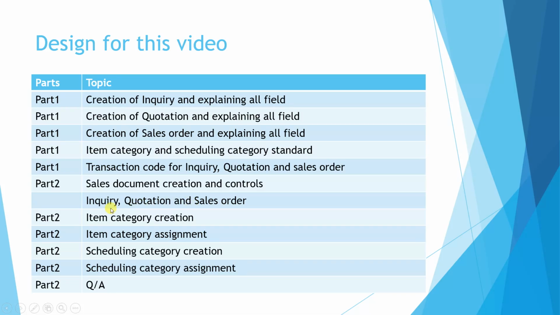The standard inquiry is IN, the standard quotation is QT, and the standard sales order is OR. Next, item category creation and item category assignment: how the item category will be determined at the sales order item level. Schedule line category creation and assignment. Later we will discuss questions and answers for this topic.